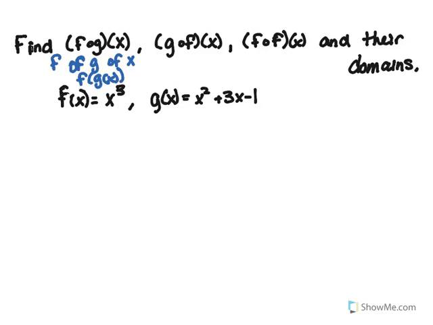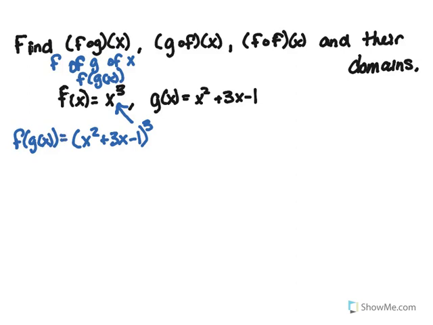So instead of x, we're going to write x squared plus 3x minus 1, and then we still have it cubed from this original function. So this is the same function, but instead of an x, we've written g of x in parentheses. Now you could take this and apply the distributive property, but if you write this exactly this way, that's perfect for me. Just make sure you write f of g of x equals this.